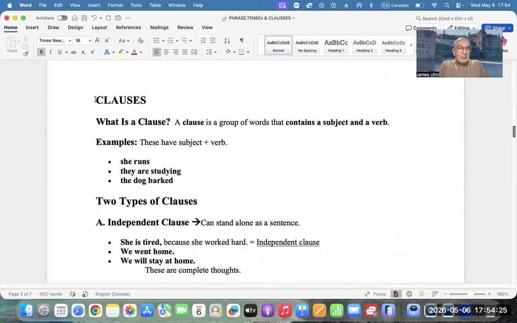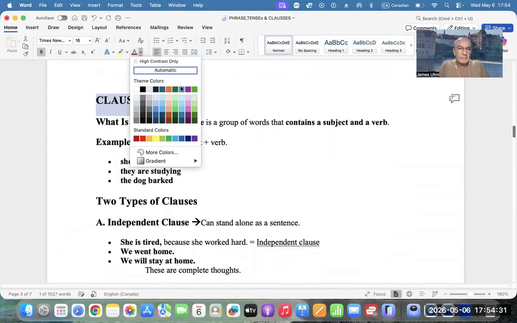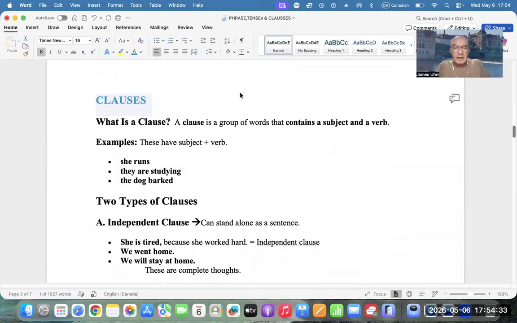Now, what is clause? This is very interesting subject, and I love it. You will find out very soon why. What is a clause? A clause is a group of words that contains a subject and a verb. Examples, these have subject and verb. She runs.